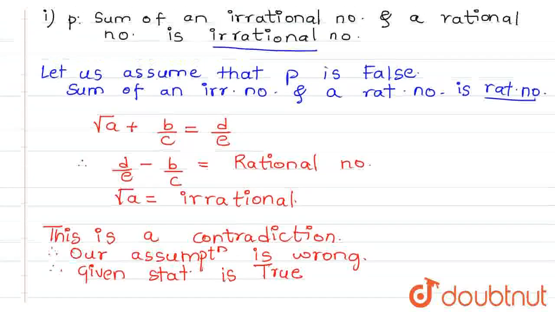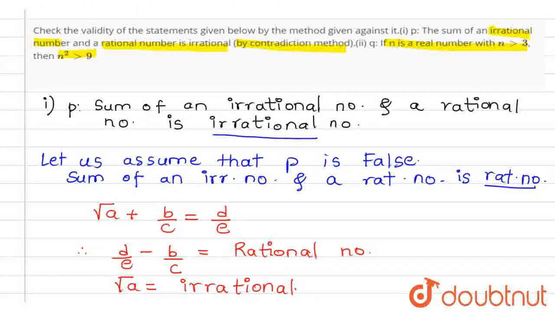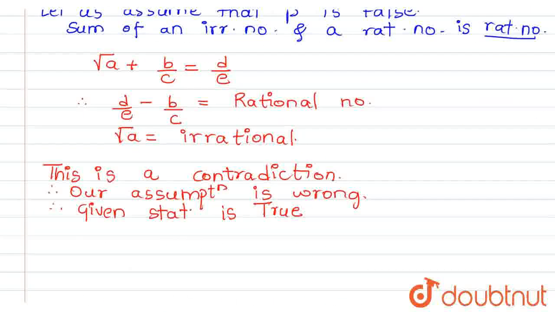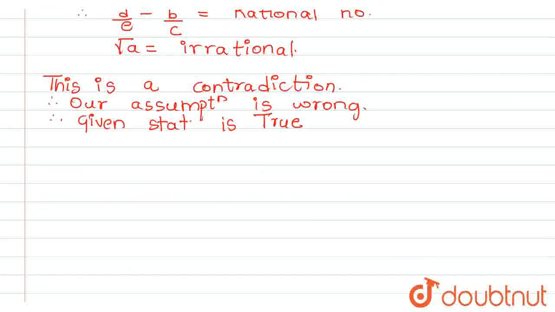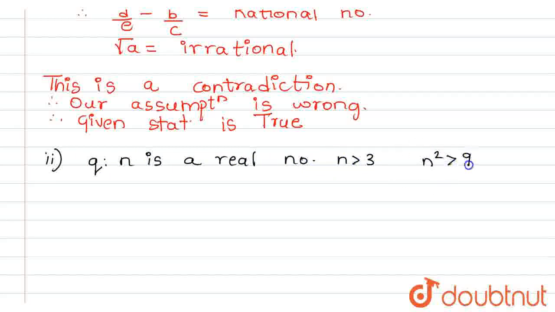Okay, so what is the next question? It says Q: if n is a real number with n greater than 3, then n square is greater than 9. Okay, so the next statement is Q, where n is a real number, n greater than 3 and n square is greater than 9.